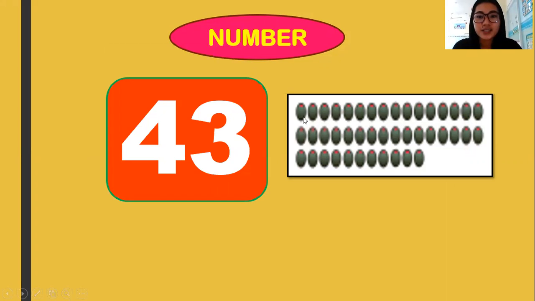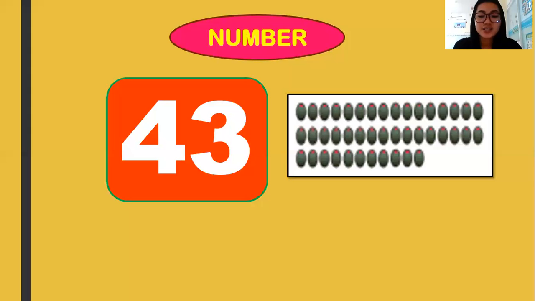Count with me. 1, 2, 3, 4, 5, 6, 7, 8, 9, 10, 11, 12, 13, 14, 15, 16, 17, 18, 19, 20, 21, 22, 23, 24, 25, 26, 27, 28, 29, 30, 31, 32, 33, 34, 35, 36, 37, 38, 39, 40, 41, 42, 43. So there are 43 objects.